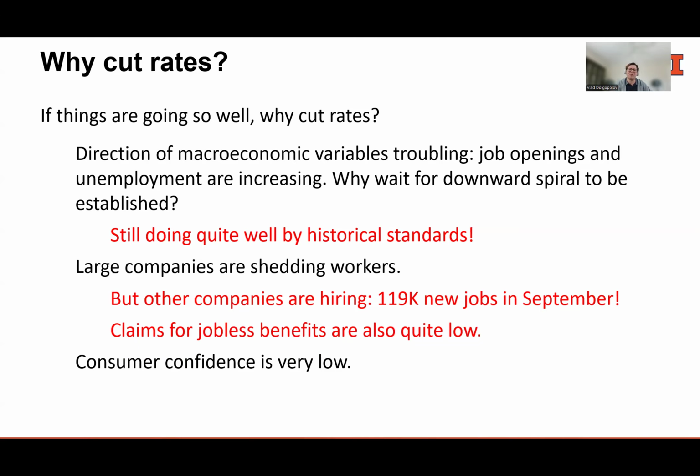The surveys of consumer confidence show it is very, very low. But what consumers say and what consumers do could be different. You might not be feeling great about the economy, but you still keep spending as a consumer, right? And so that's the counter argument to something like this.